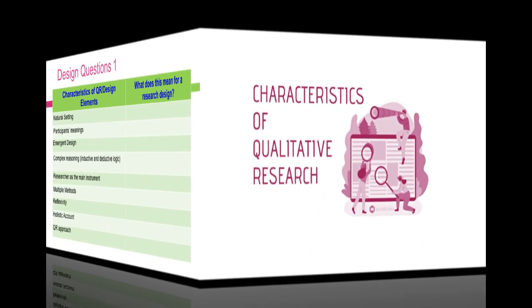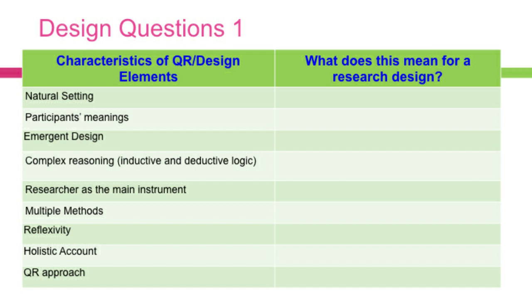So I have in this table put down much of what I gathered from Creswell on what are the characteristics of qualitative research, which we are calling design elements today. And at the other side of the table, I would like us, if we are conceptualizing a study, to fill in on that side of the table what we mean, for example, by a natural setting.